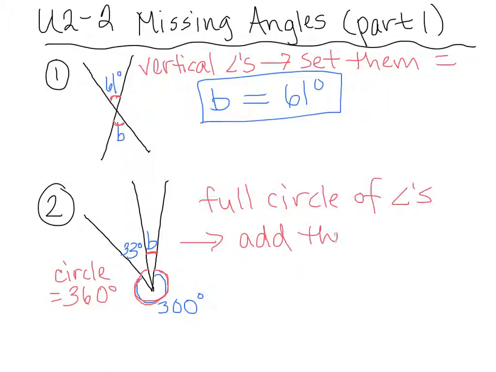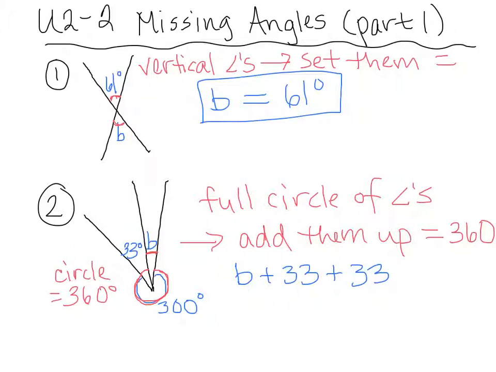So we add them up and it equals 360. So here we have the angle B. We're not sure its measurement yet, but you add to it the 33 degree angle, and you add to it the 300 degree angle, and that's supposed to equal a total of 360 degrees, right?